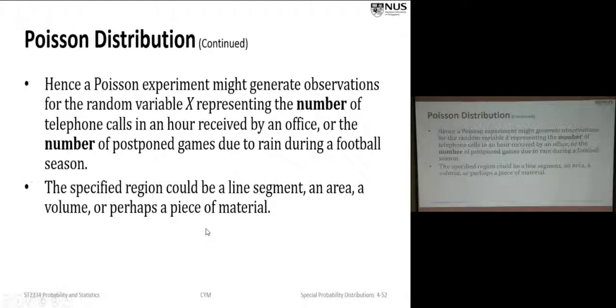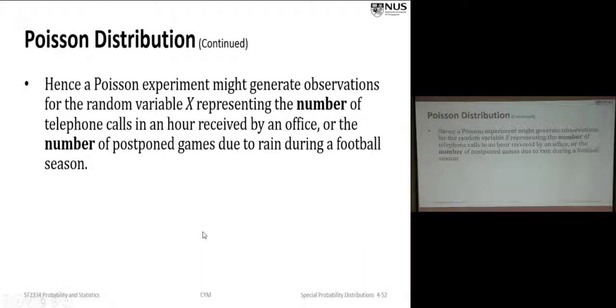Poisson experiments might generate observations which represent the number of occurrences over this interval. Here are some examples of occurrences. For example, the number of telephone calls in an hour received by an office. In this case, the interval that we are talking about is an hour, and over this hour we want to know the number of occurrences, or the number of calls coming in.